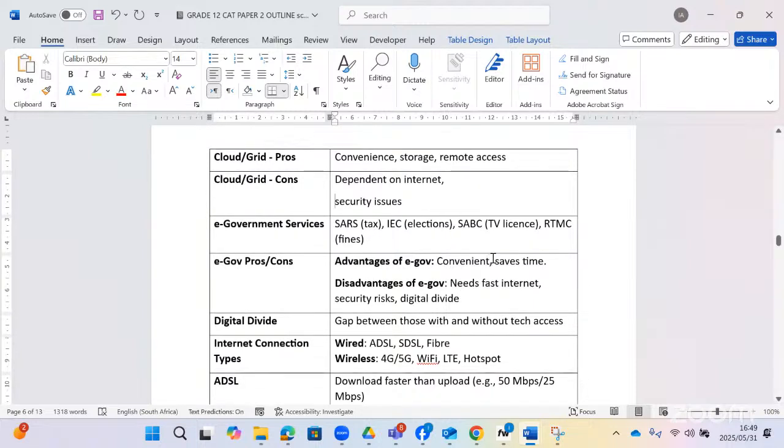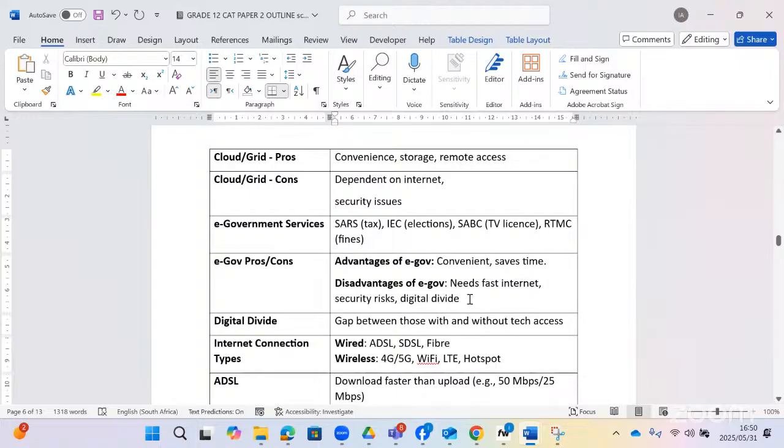Advantages like convenience, you can access them anytime, anywhere, saves time as well. Instead of you going to join a long queue, it saves time. And then the disadvantages are that it needs fast internet, security risk, and digital divide.